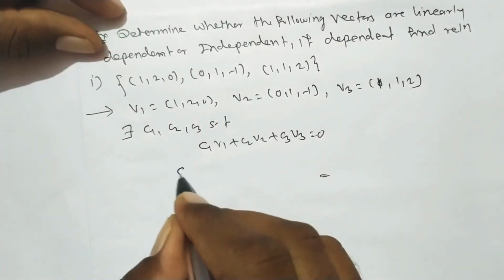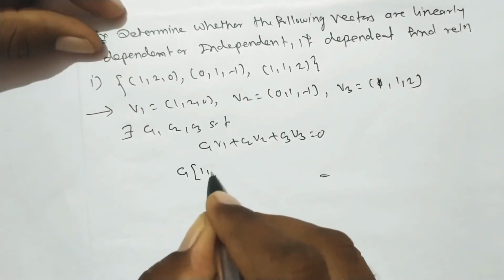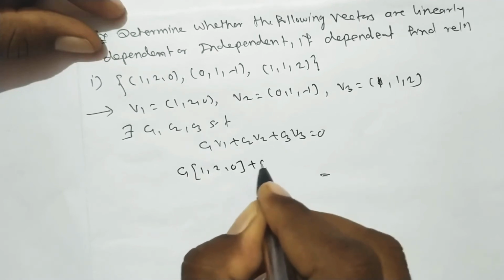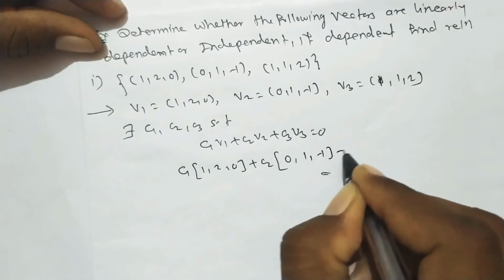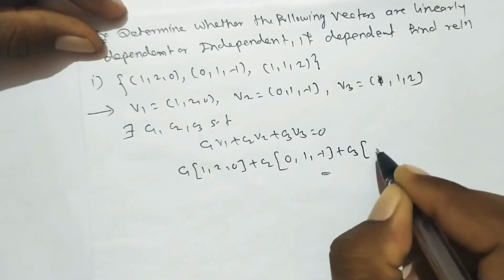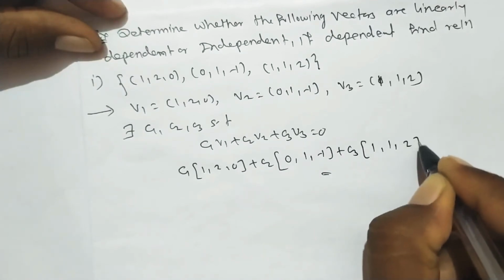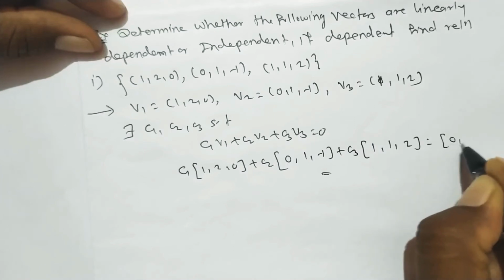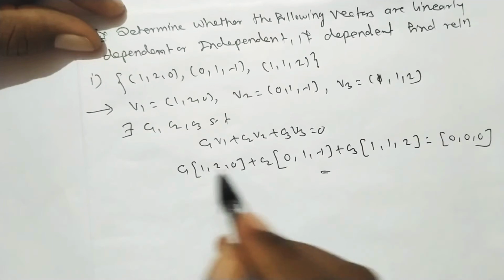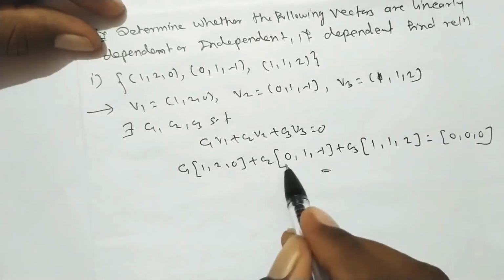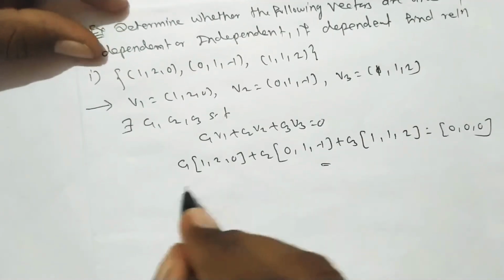So put the given vectors here: c1 times 1 2 0 plus c2 times 0 1 minus 1 plus c3 times 1 1 2 equals the zero vector, that is 0 0 0. Multiply c1, c2, c3 into these vectors and equate with the right-hand side.